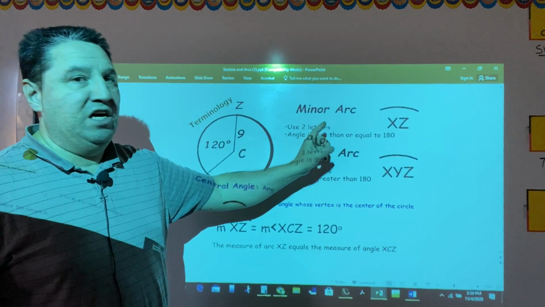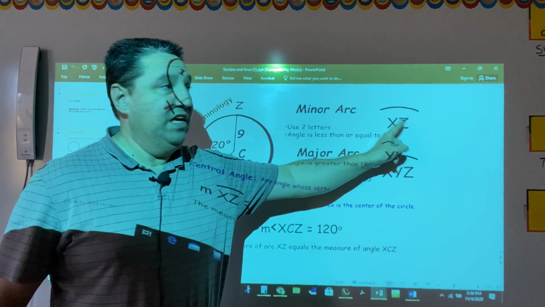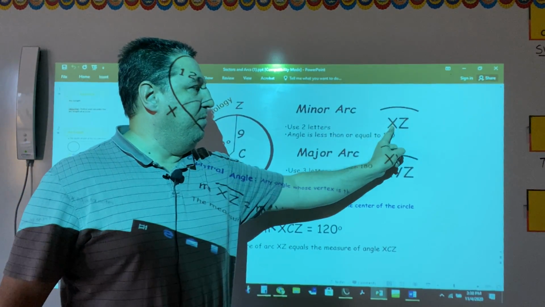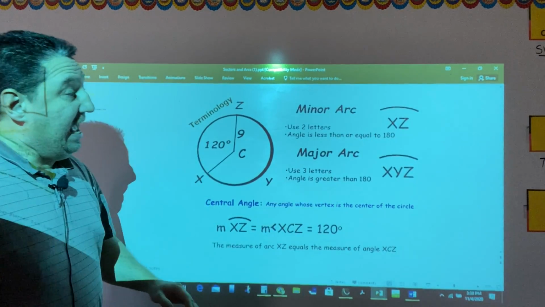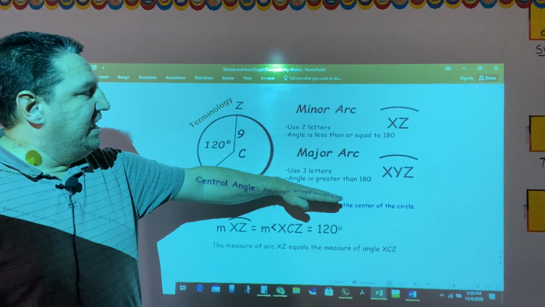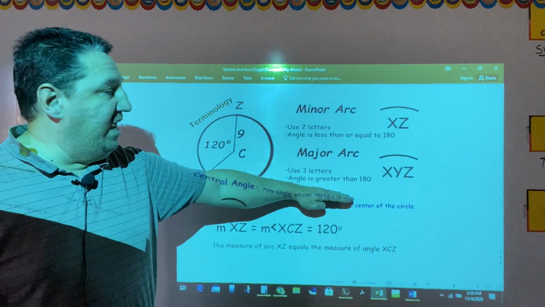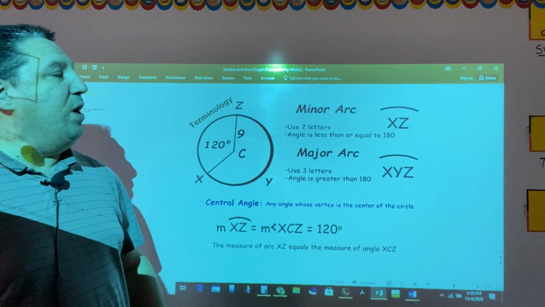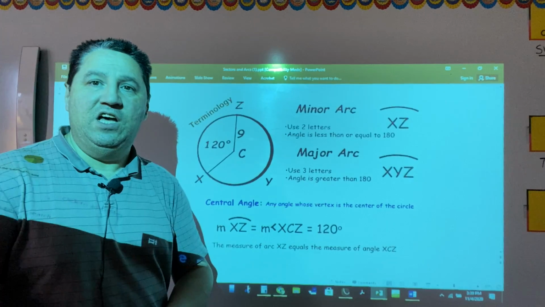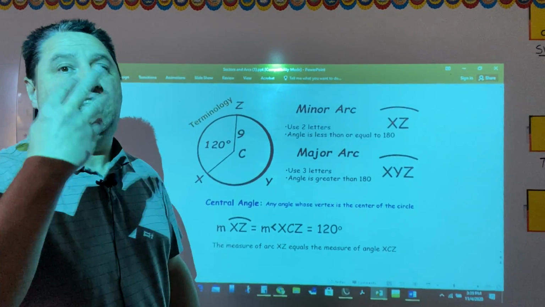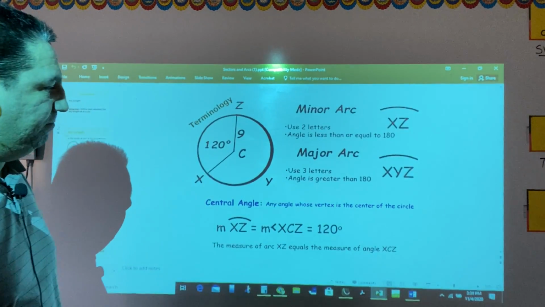And we name a minor arc with two letters and this symbol above, which means minor arc XZ. A major arc is an angle that is greater than 180. And we name such an arc, a major arc, with three capital letters and this symbol above.